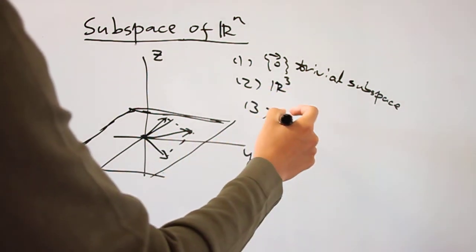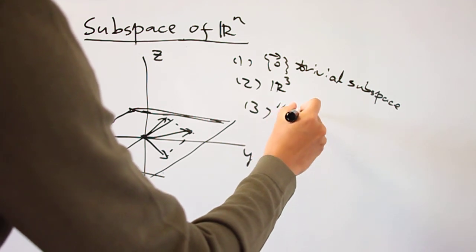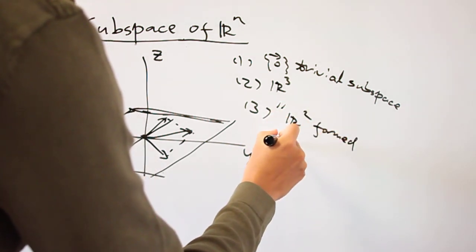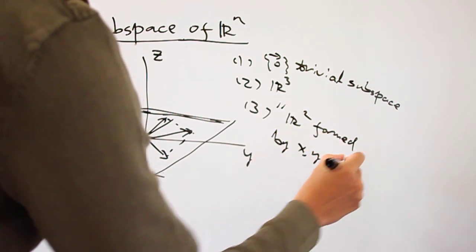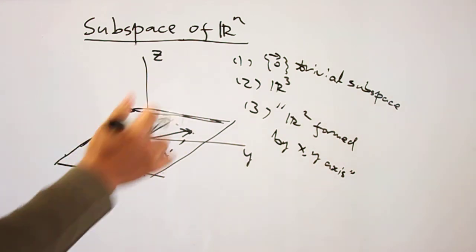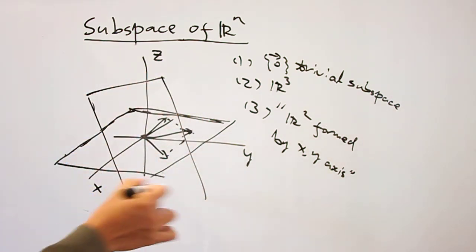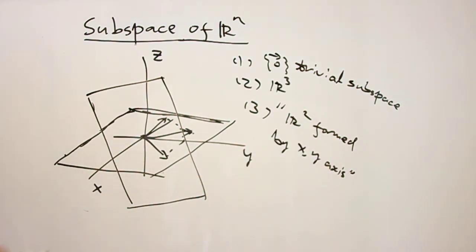So we'll say this is the R2 formed by the x and y axes. And more generally, any plane passing through the origin, you can similarly prove that it's a subspace.